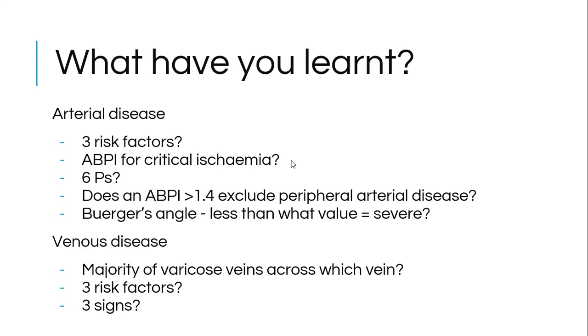Do you remember the names of any of the signs of venous disease? Lipodermatosclerosis, yep, you have to make me say that one. Hemosiderin deposits, good. Atrophie blanche, really good. Champagne bottle as well, fantastic. Great, guys. That's been really fun.